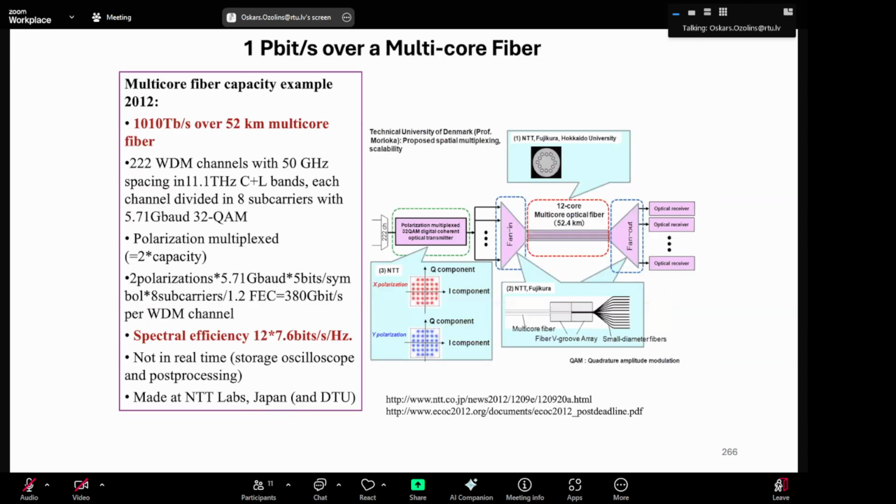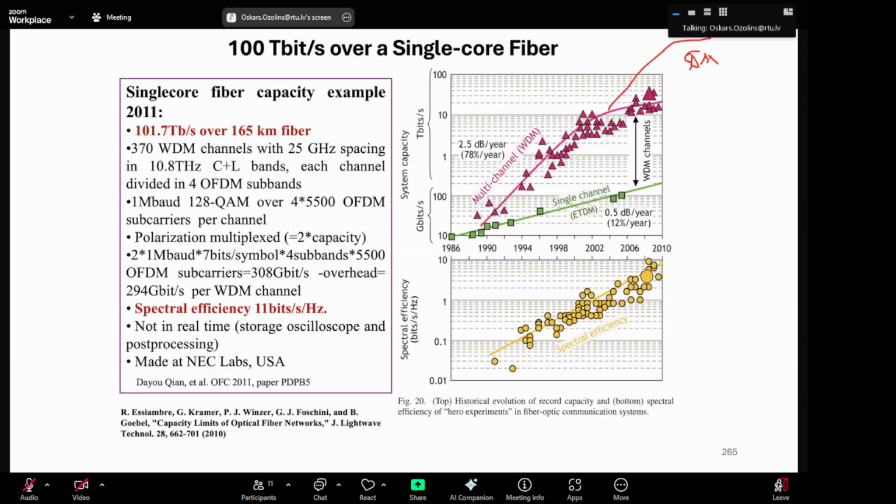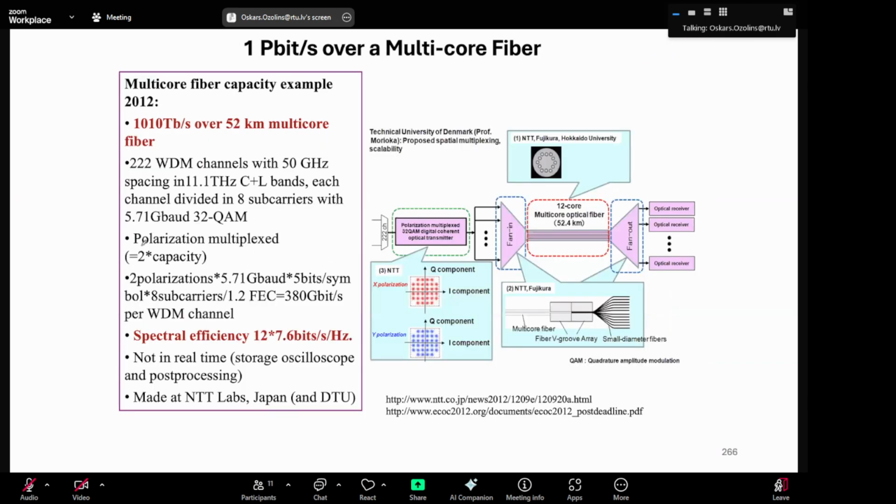Okay, so this is what I was drawing here, this spatial division multiplexing, and here is one example from 2012. It happened that I was at DTU doing my 3 months of Erasmus exchange at the Technical University of Denmark.